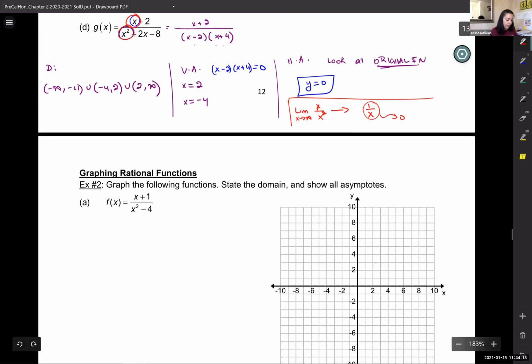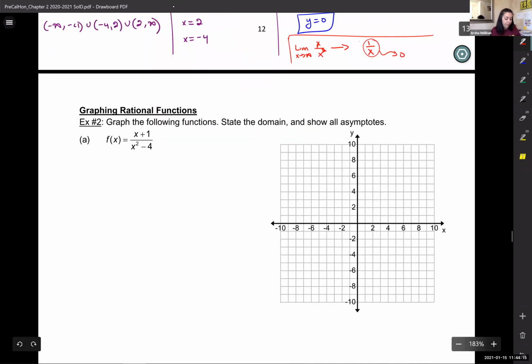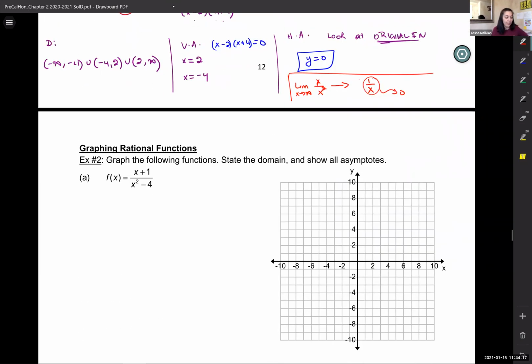All right, so let's graph some, guys. Did you ever think you could graph these functions without calculators? Well, here we go. Let's graph this first one. We have to figure out domain, asymptotes, and all that stuff. So first, let's factor.